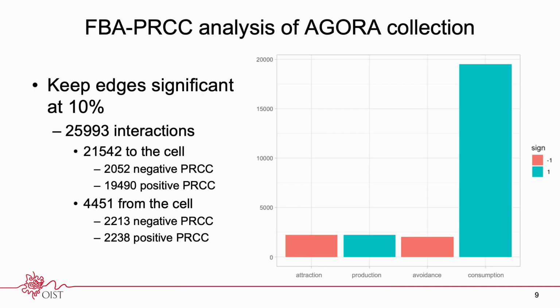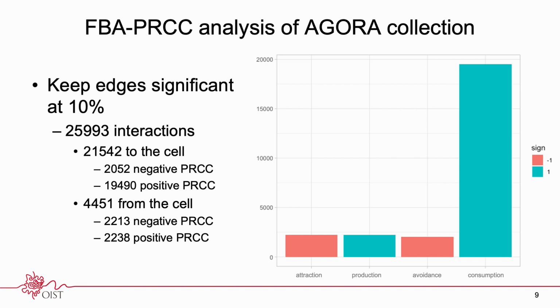Analysis of the different types of edges in the graph shows that 80% of interactions within the graph correspond to consumption, which is expected because the main source of information for reconstruction of whole genome flux balance models is the information about the ability of bacteria to consume a particular source of carbon, nitrogen, and so on.